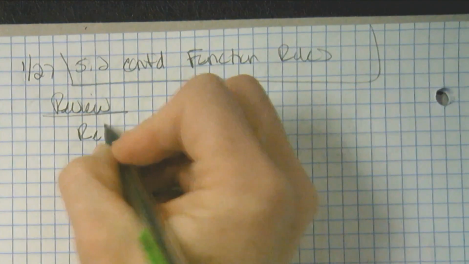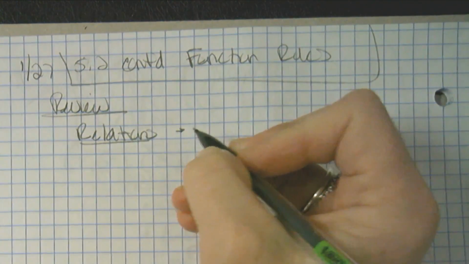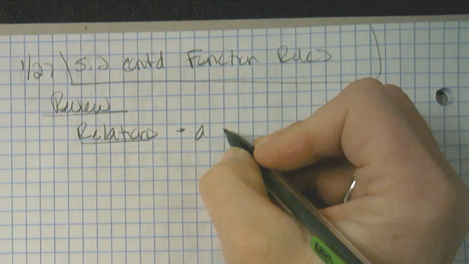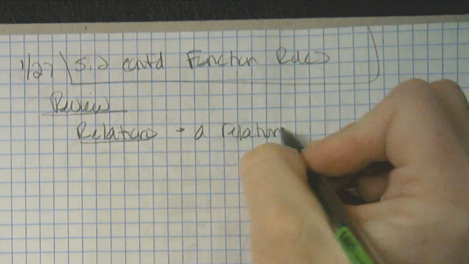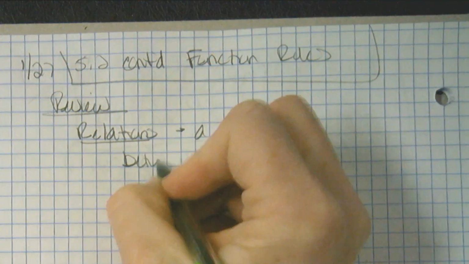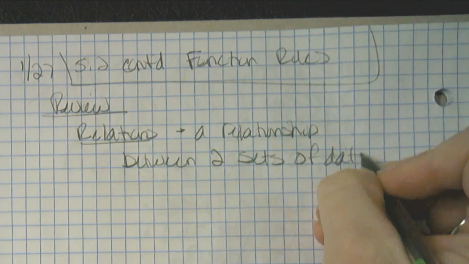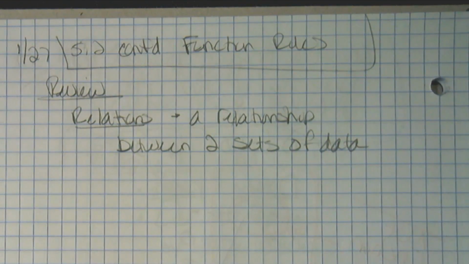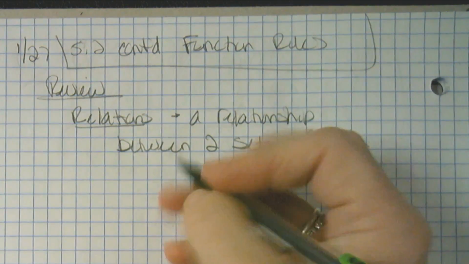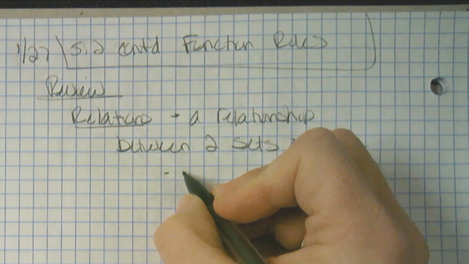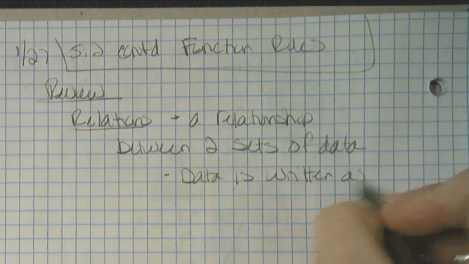We started talking about things called relations. Relations are a relationship between two sets of data. The data is written as coordinate pairs.